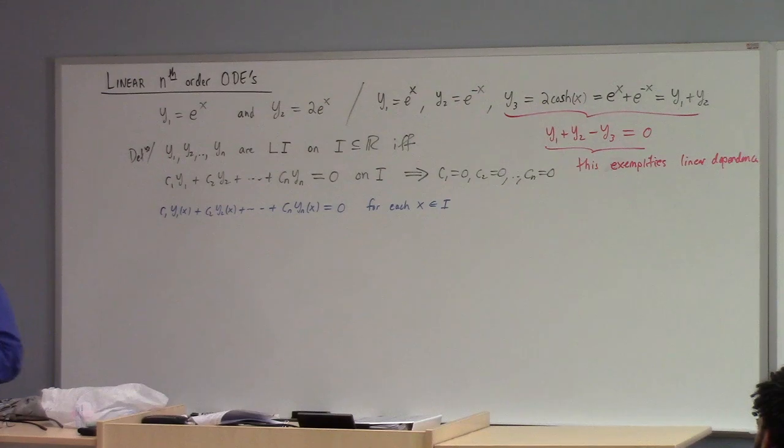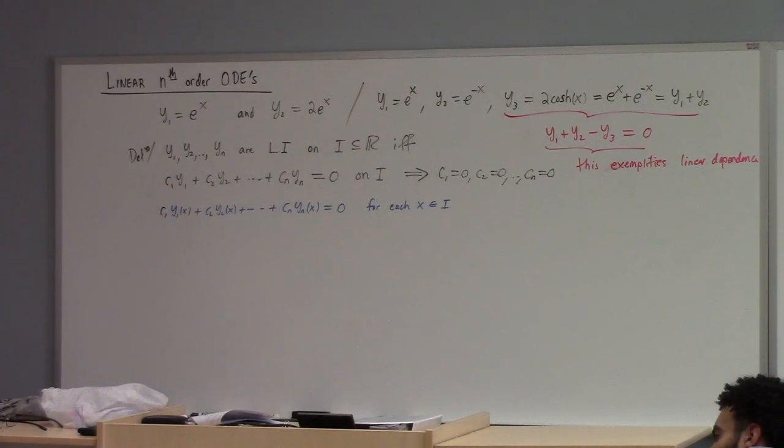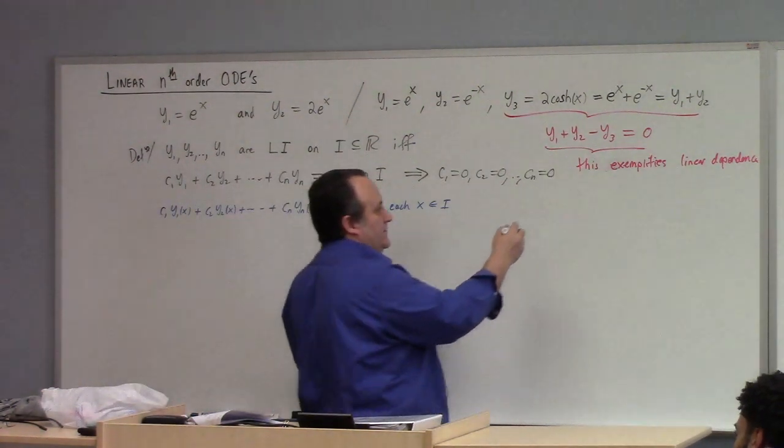So when we talk about linear independence of functions, we have to talk about linear independence of functions with respect to an interval, all right? It's possible for some functions to be linearly independent with respect to one choice of interval, but to be linearly dependent with respect to a different choice of interval, all right? You want to see that? I can show you real quick. Like, see this?